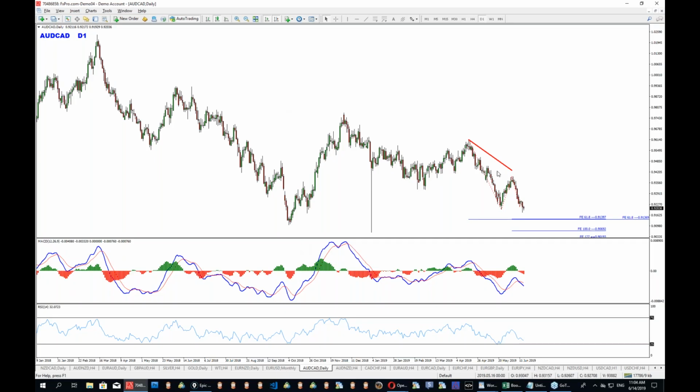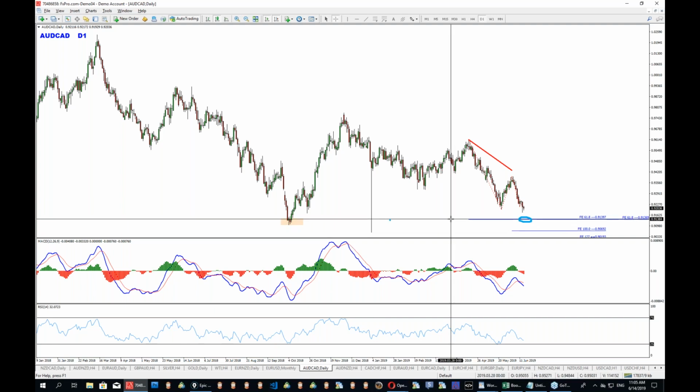Here we go, Aussie CAD. So this is the hidden divergence I was referring to on the daily chart. And ever since here, we start looking for the bearish continuation. And looking at the higher time frames, we can see that the next targets or the next levels that we want to follow are pretty much at the bottom of this swing.